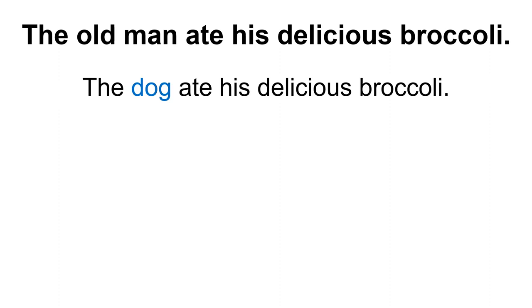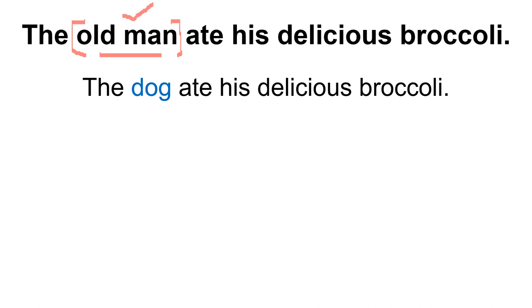Okay, we can go even further. What about old man? Let's replace old man with another word, like dog. As we can see, the old man is a noun phrase and it has an adjective modifying it. So we can replace it with another noun, dog. Therefore, we can say that old man is a constituent that functions together as a unit.